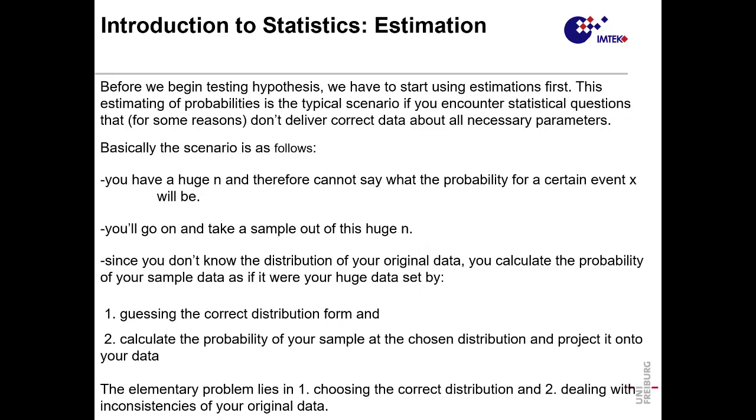Alright, and maybe this is the breaking point of this lecture. I don't want to make it sound so spectacular, but this is actually when we really start digging into statistics and leaving the probability part. Well, we start to estimate things, right?